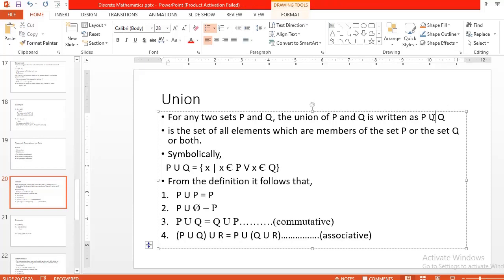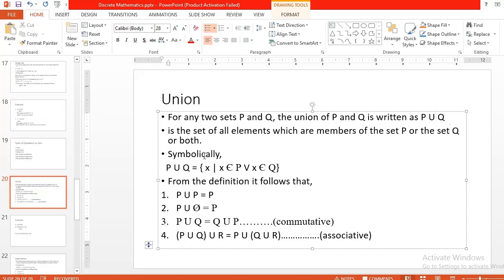It is the set of all the elements which are the members of the set P or the set Q, or both. Understood?